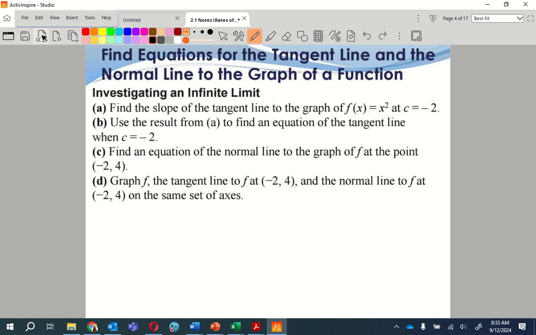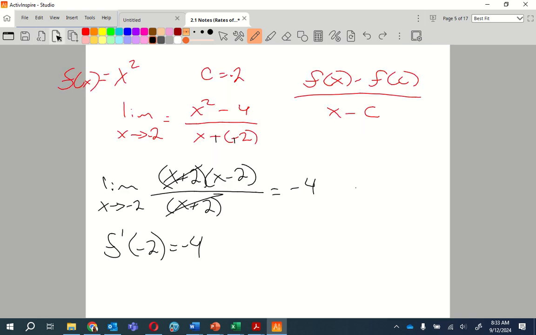Okay, find the slope of the tangent line, right there. Use the result from A to find an equation for the tangent line when C is 2. Now I have to figure out what that actually represents.